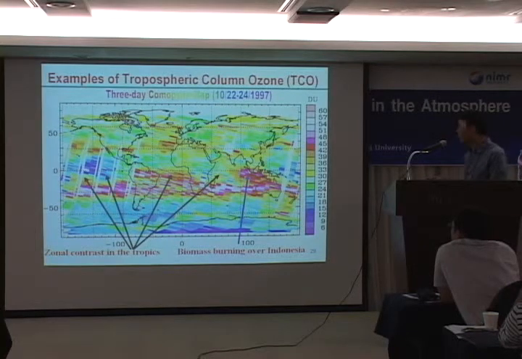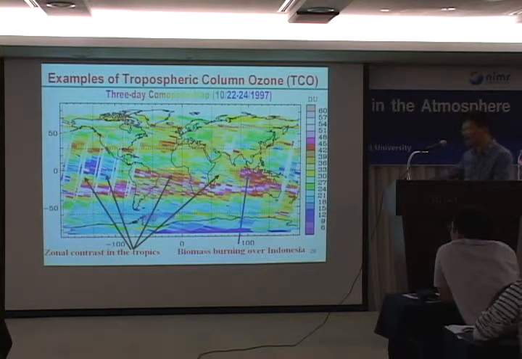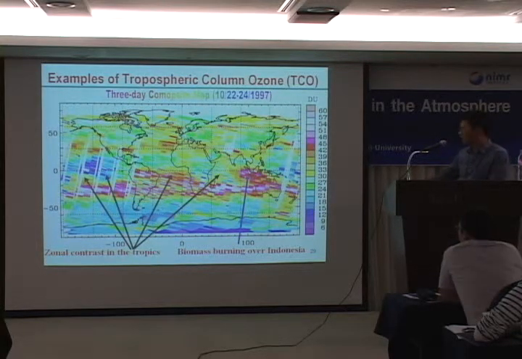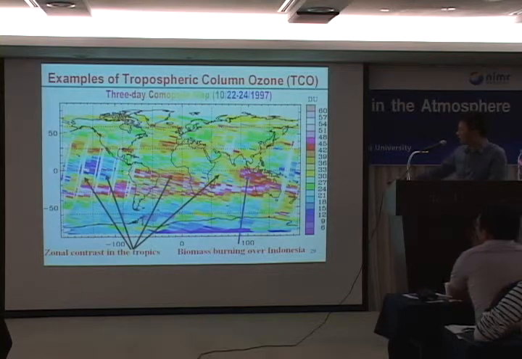Here is just a global map of the tropical column ozone. Even with a 60 by 80 kilometer resolution, we can still derive a very good distribution of the tropical ozone from GOME data. If you look at the tropical region, you can see the enhanced ozone over the Atlantic and also over the Indonesia region.